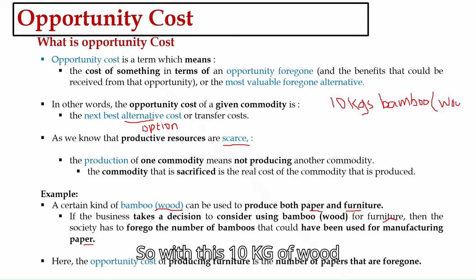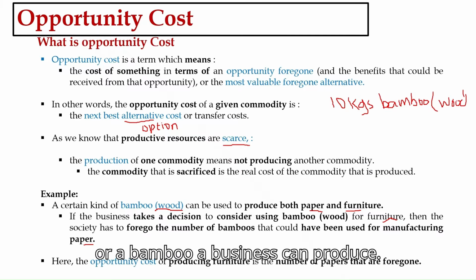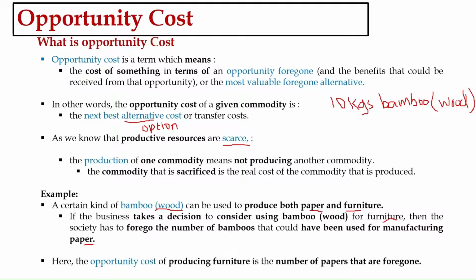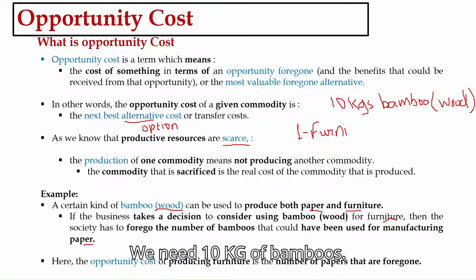So with this 10 kg of wood or bamboo, a business can produce one furniture. To make one furniture, we need 10 kg of bamboo.